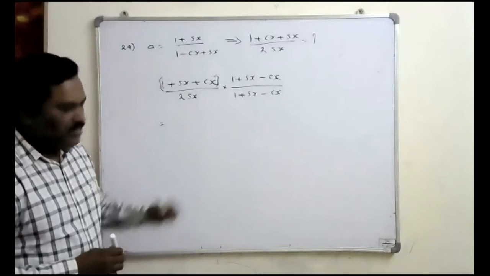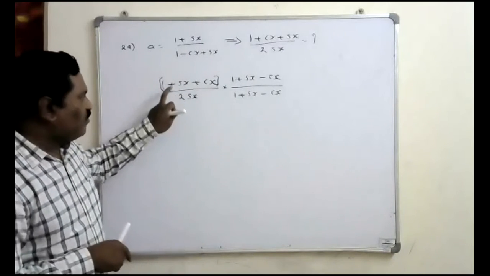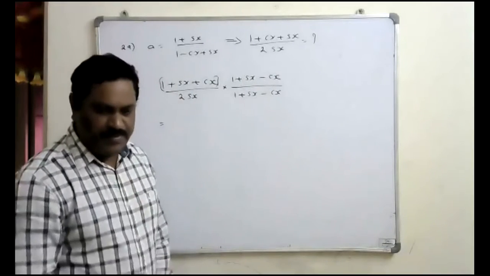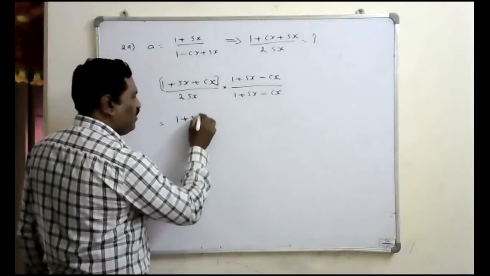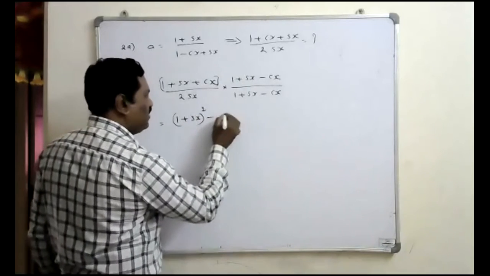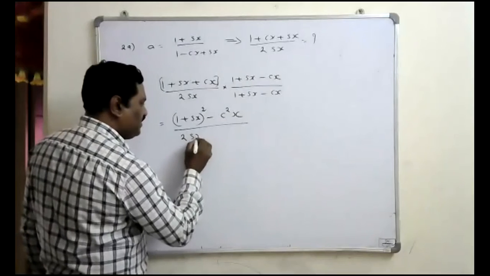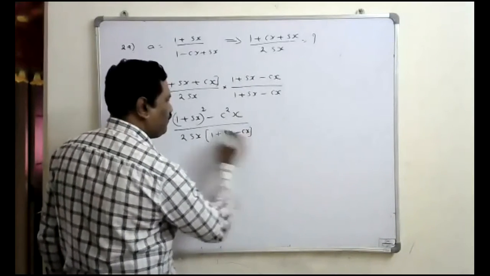observe the numerator, consider 1 plus sin x as one term and cos x as another term, it is in the form of a plus b into a minus b. A plus b into a minus b, that is a square minus b square, meaning 1 plus sin x whole square minus cos square x, upon 2 sin x into 1 plus sin x minus cos x.